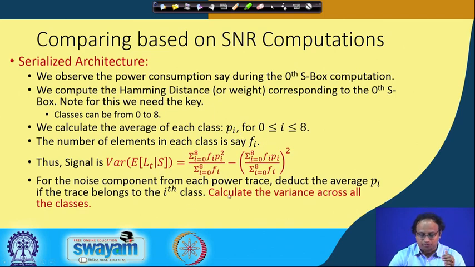Now, for the noise component, from each power trace you deduct the average Pi if the trace belongs to the ith class. So, for example, in the 0th class you had F0 observations, in the next class F1 observations, then F2, F3 and so on till F8 observations.